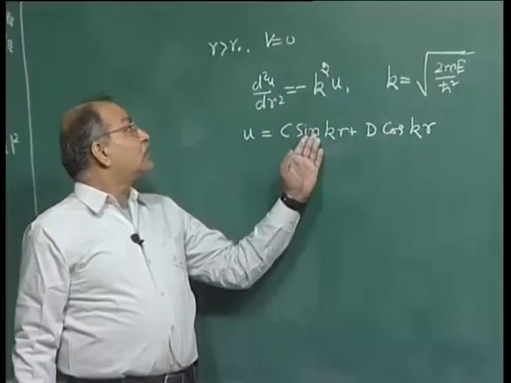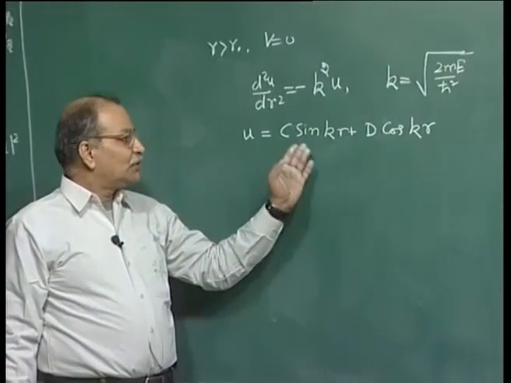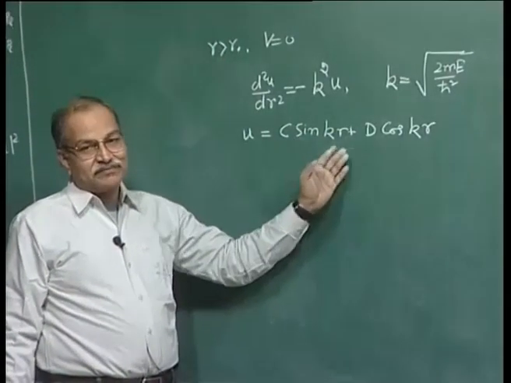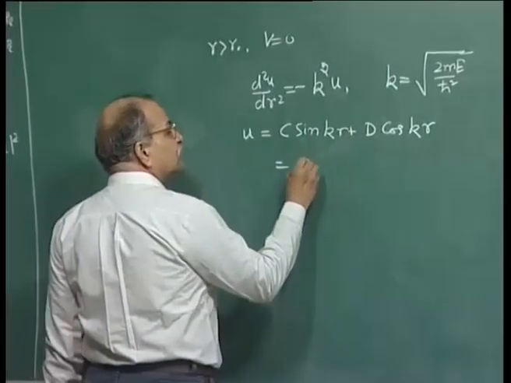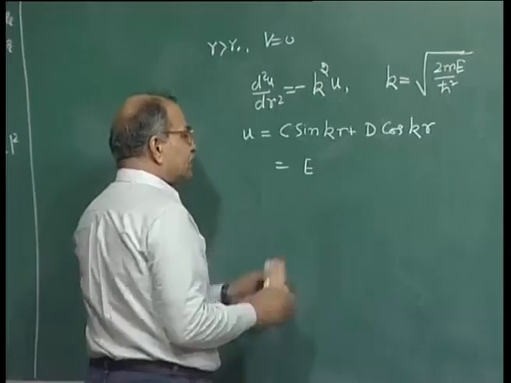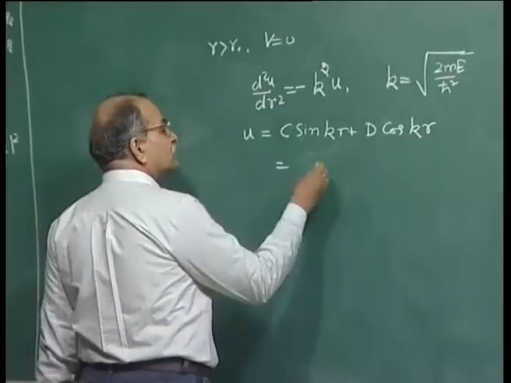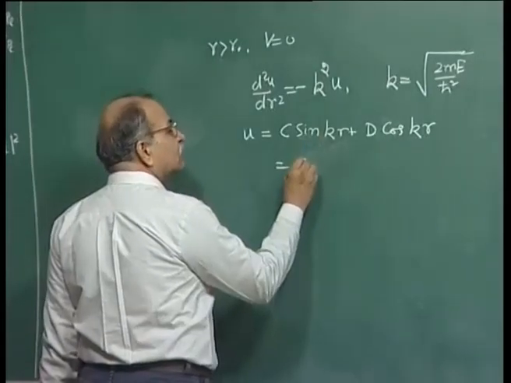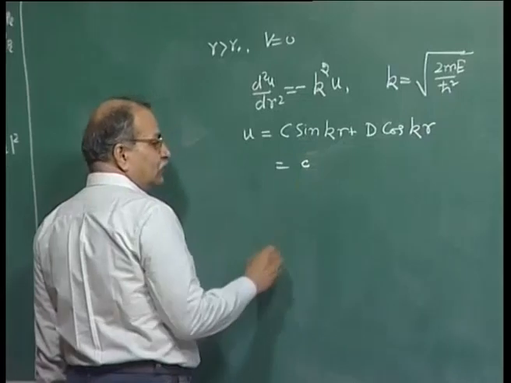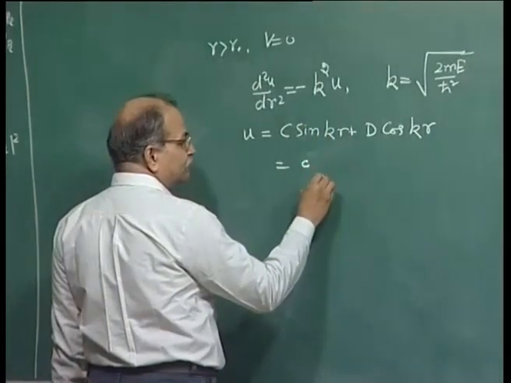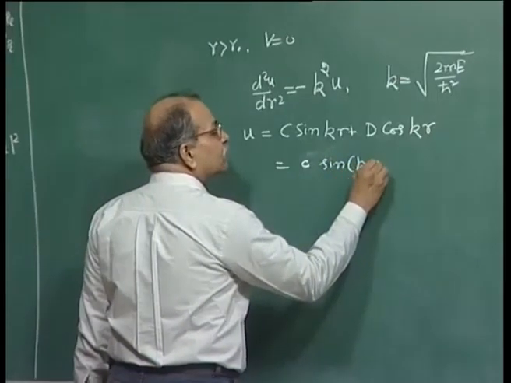This region does not contain r equal to 0, so both terms can be present. You can write this as some other constant, small c, sin of kr plus delta.